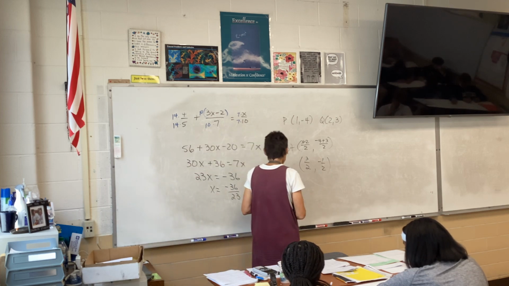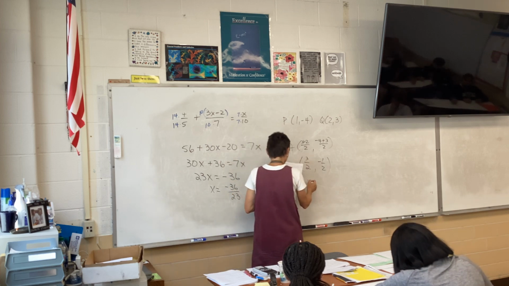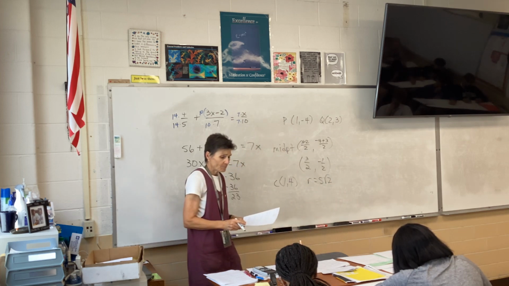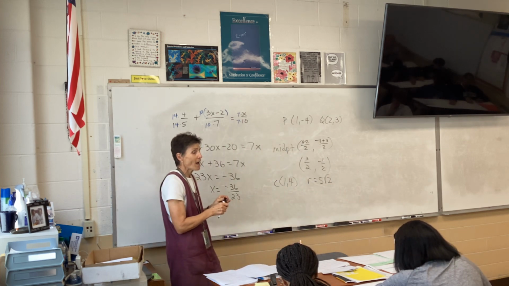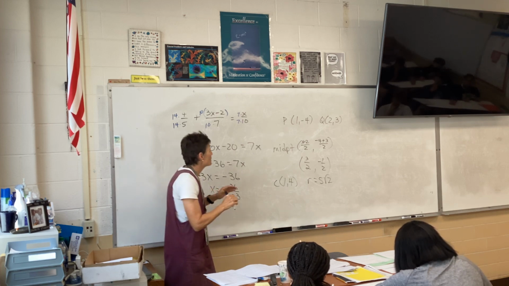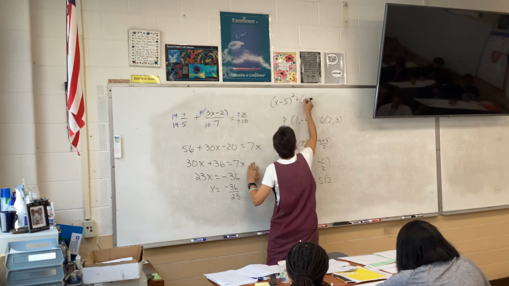And now we're going to write the equation of a circle. We know the center, and we know the radius. And the hardest part about this is you have to remember what the equation of a circle looks like. Do you remember that circles look something like this?